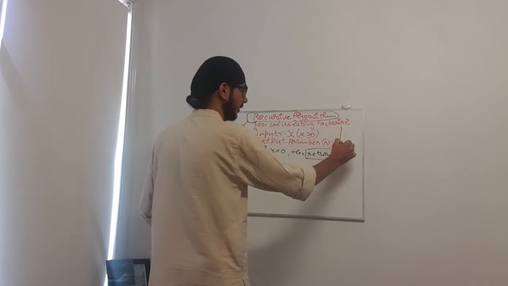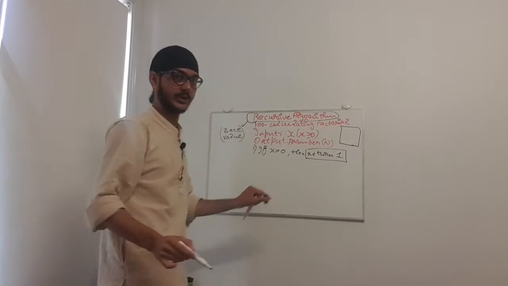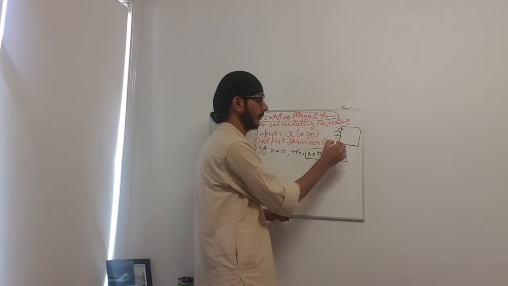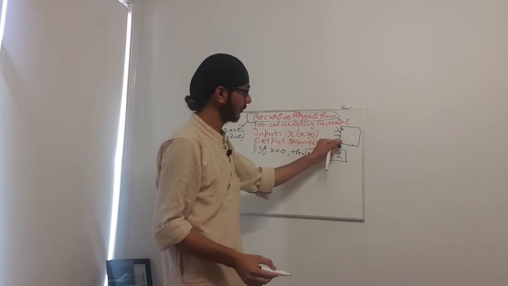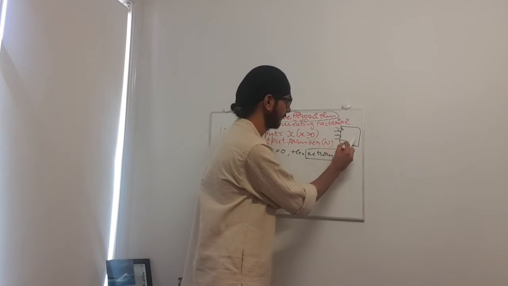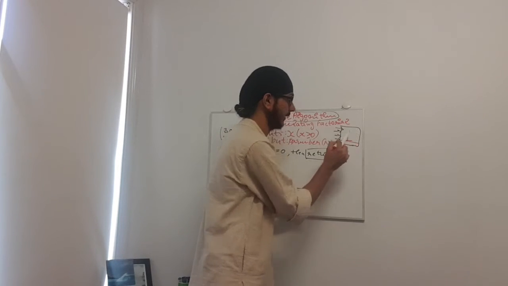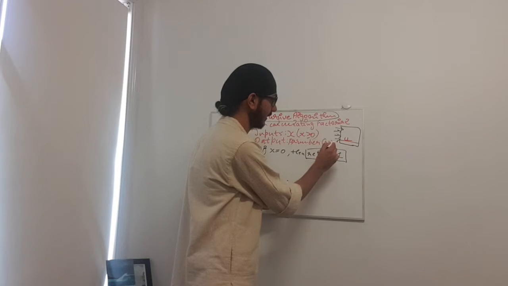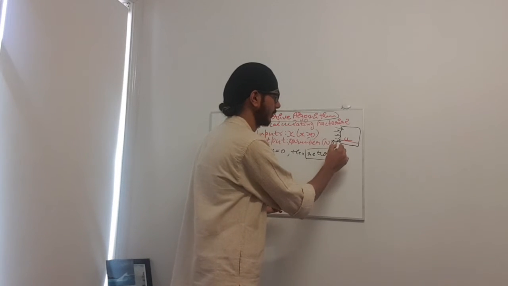Like if this is our main program, we are executing it, first step, second step, third step, fourth step, and at the fourth step, suppose we call factorial of 1, it will return 1 and then proceed to the next step.